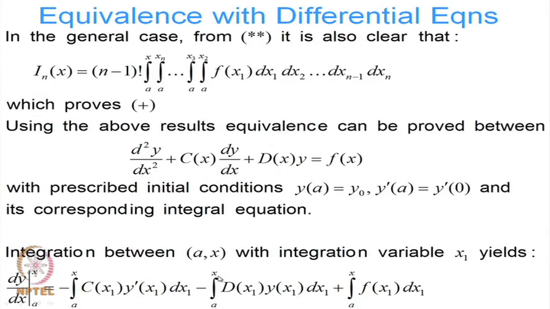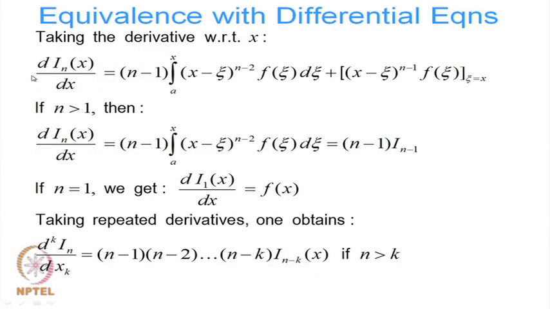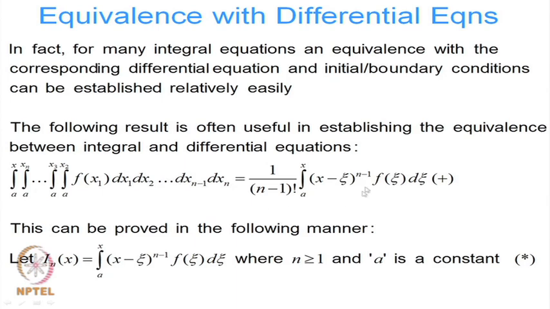Similarly, if I do that n times, I am going to get back In of x, which is what we wanted to prove, because In of x, after all, remember, is this. In of x is equal to that, and we have shown that In of x is equal to this. That means this is equal to that.